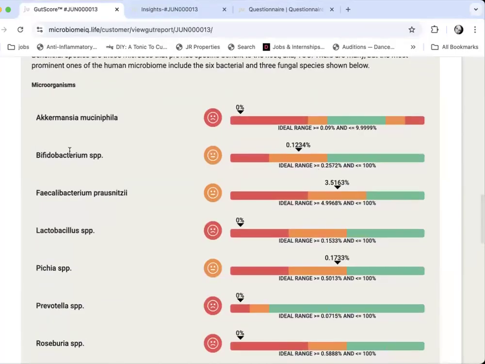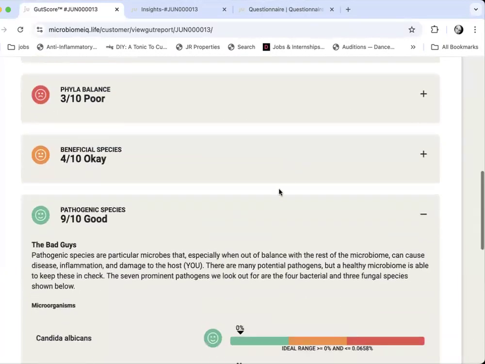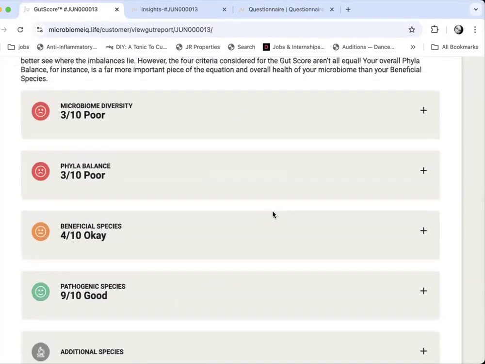So what this is saying, for example, is that Bifidobacterium, all the different types of Bifidobacterium that we test for, is taking up about 0.1234% of the total space in the gut. So about 0.124% of those parking spaces that are available. So that's what those percentages mean. I just wanted to make sure I touched on that, because that's a really common question that I get from both customers and practitioners.